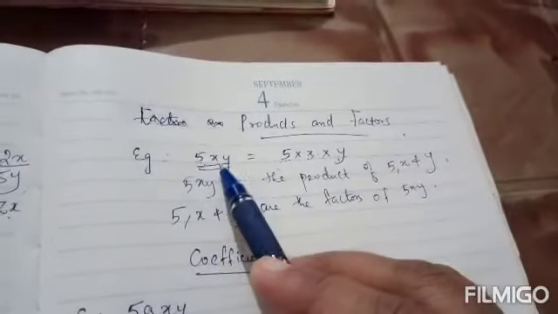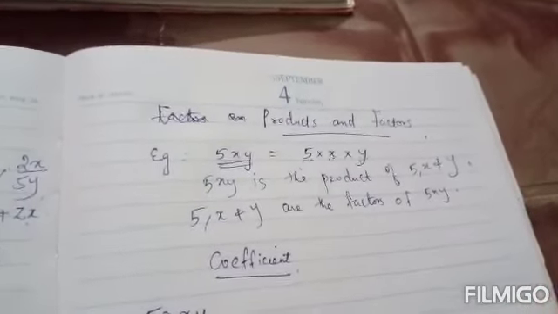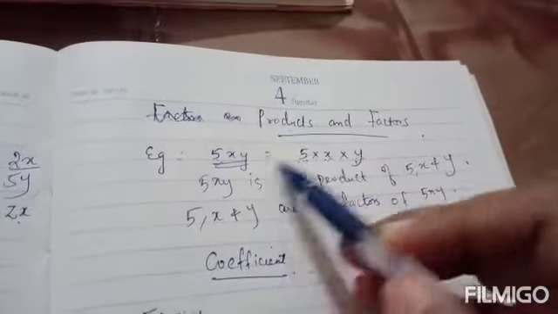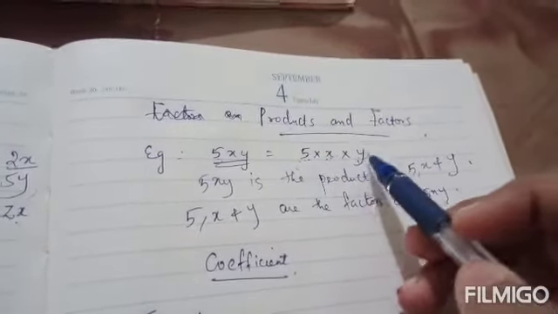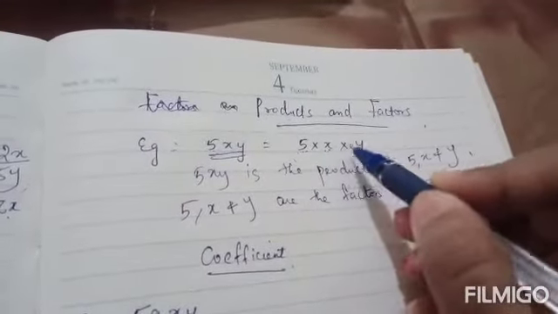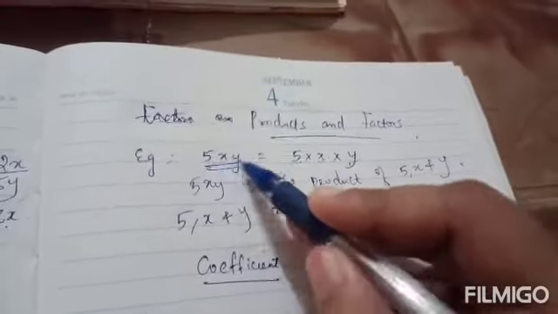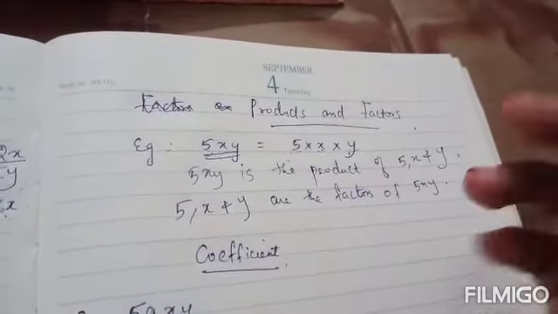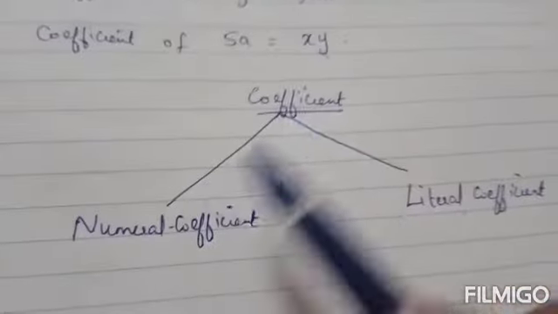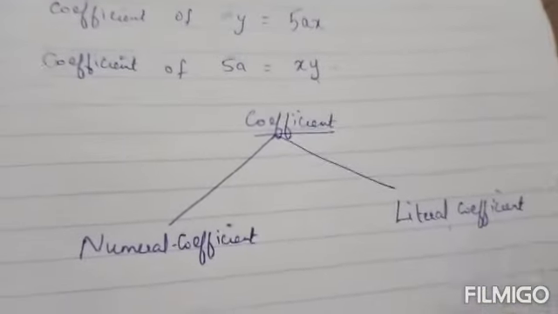So if 5xy equal to 5 into x into y, then 5xy is the product of 5x and y, and 5x and y are the factors of the product 5xy, okay. Coefficients are of two types, numeral coefficient and literal coefficient.